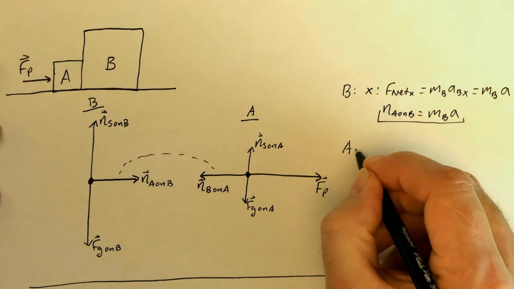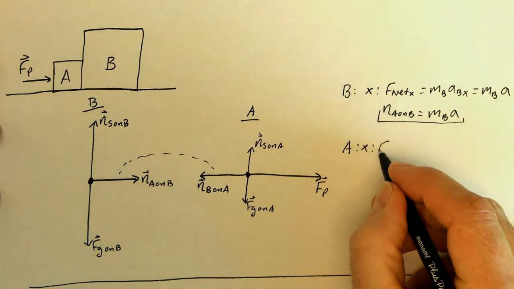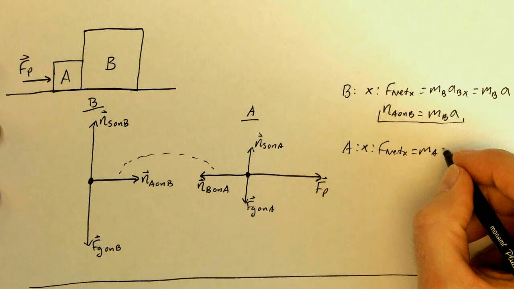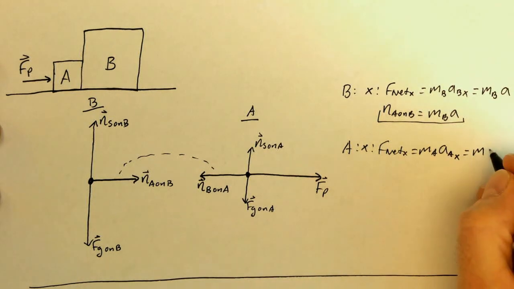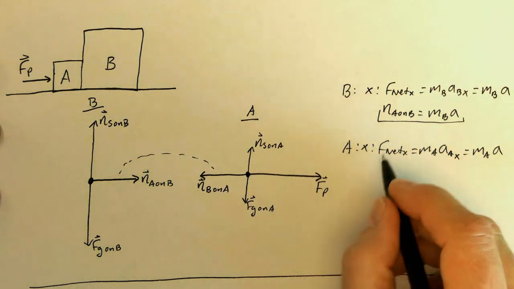Let's pause on that, just hold that there. Let's look at A now. Also just focus on the x direction. We have F net x equals m_A a_x, which again, since they're constrained to move together, the accelerations are the same. We'll just call that a. And in this case, what is F net x?